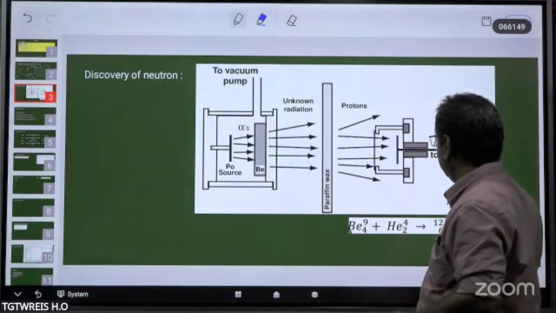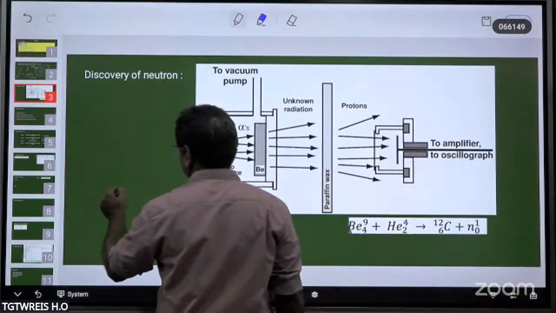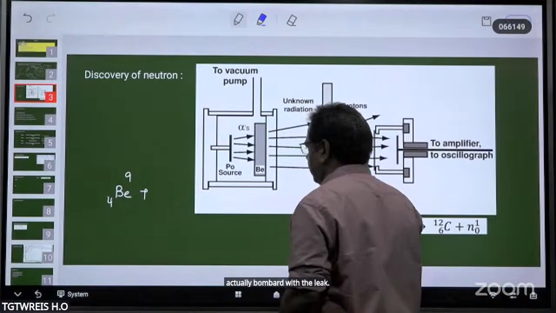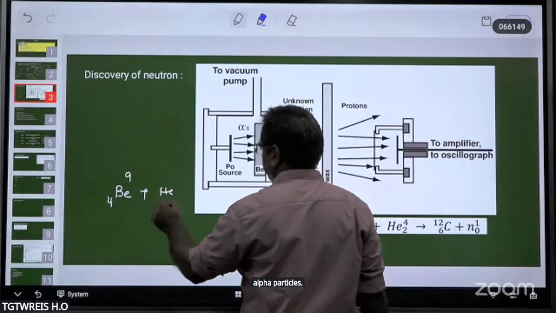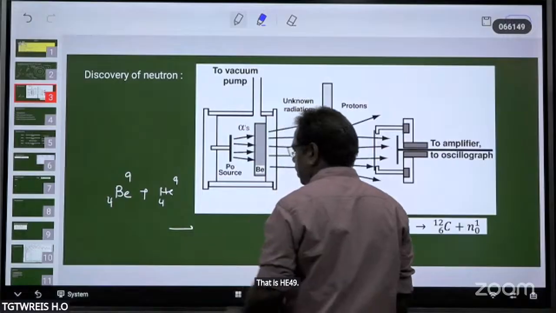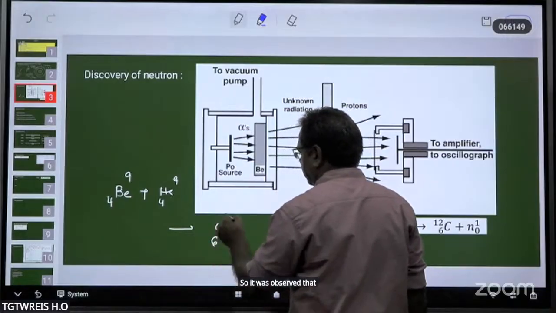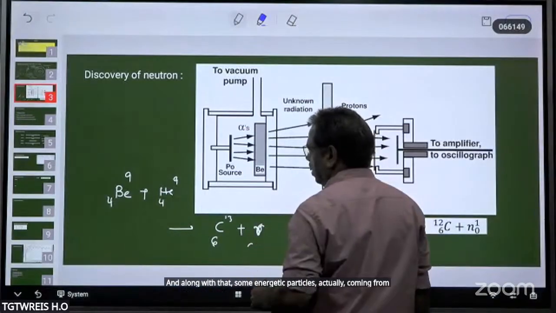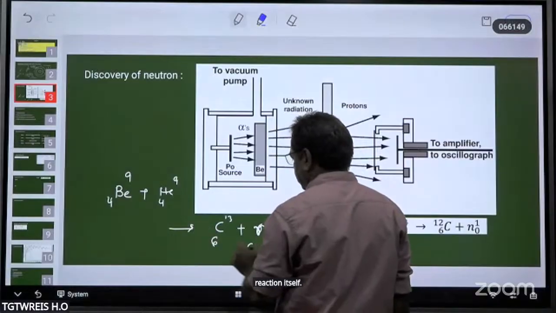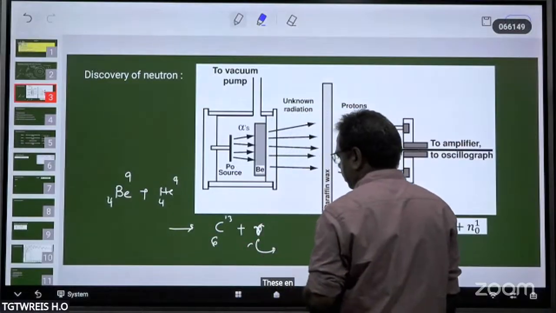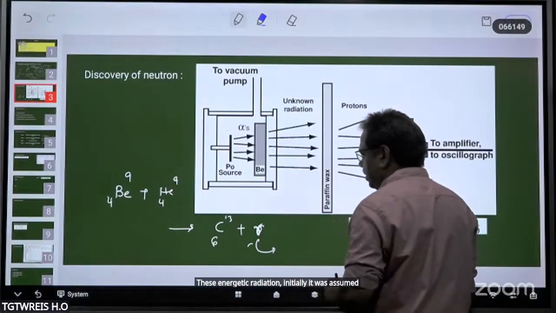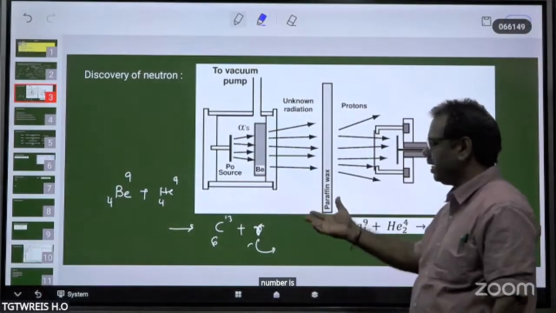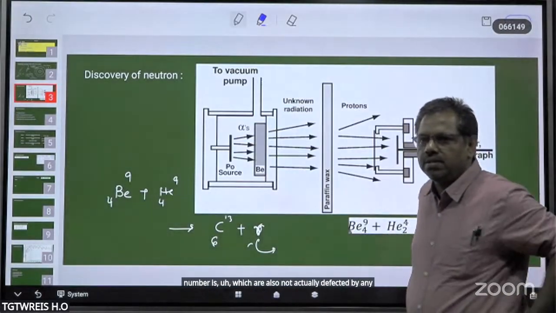Actually, it is like this. When beryllium 9, 4 is bombarded with alpha particles, that is He 4, 2, it was observed that C 6, 13 and some energetic particles come out from that reaction itself. These energetic radiations were initially assumed to be gamma rays, which are not deflected by any electric or magnetic field.